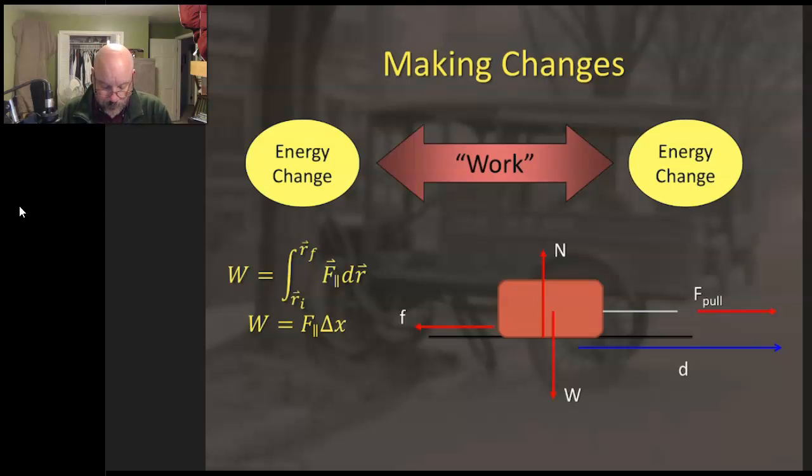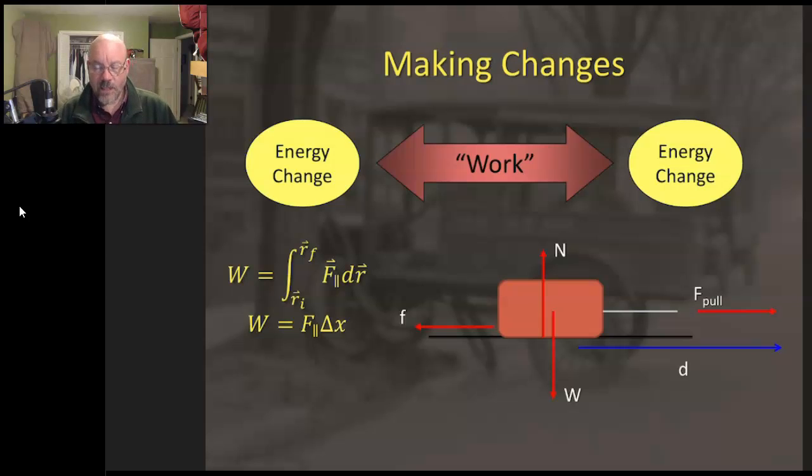What work does for us is it creates a way to assign a number to the changes we've been talking about. And so anytime you've got two objects interacting, if there's a force and there's motion involved, then we can calculate some work. And that means there's going to be changes in kinetic energy, changes in potential energy, that sort of thing.